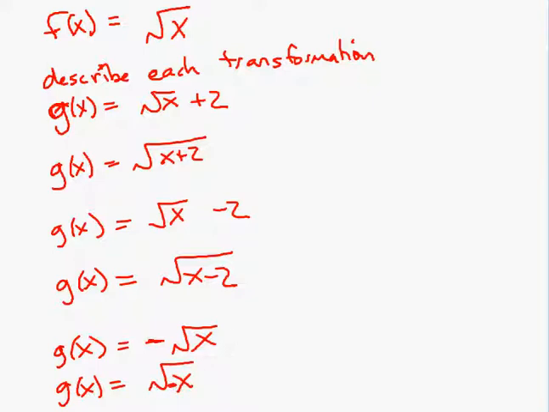Okay, so this first one, what do you think the transformation is? Nope. Our transformations are, if we have f of x and I add something to the end of it, that's up. If I have f of x and then I subtract something, that's down.